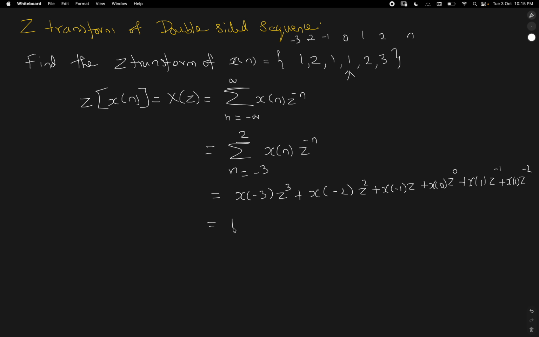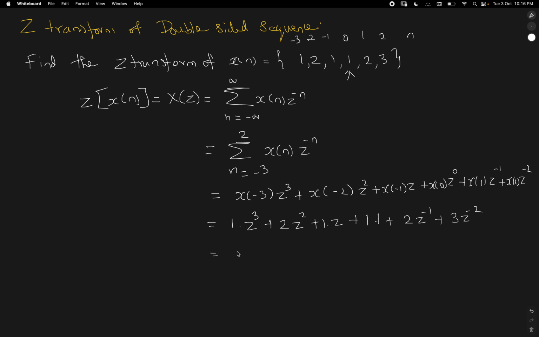So this becomes 1 into Z cube plus 2 into Z square plus 1 into Z plus 1 into Z power 0 equal to 1. So I am just replacing with 1, plus x of 1 is 2, so 2 into Z power minus 1, plus 3 into Z power minus 2.